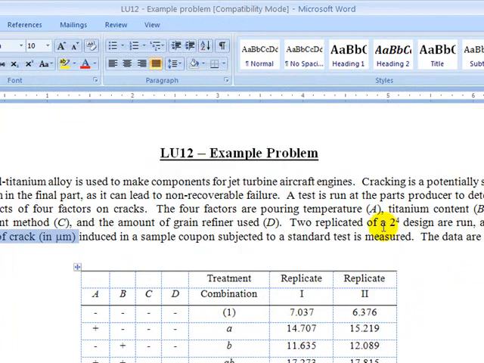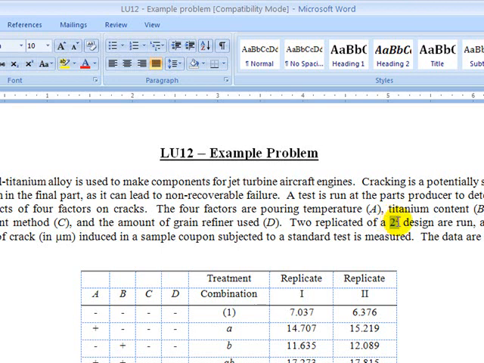Now there are 2 replicates, correct? That means we will run 2 experiments at each combination of factor levels. If we have only 1 replicate, then we are running the experiment only once at each combination of the factor levels.